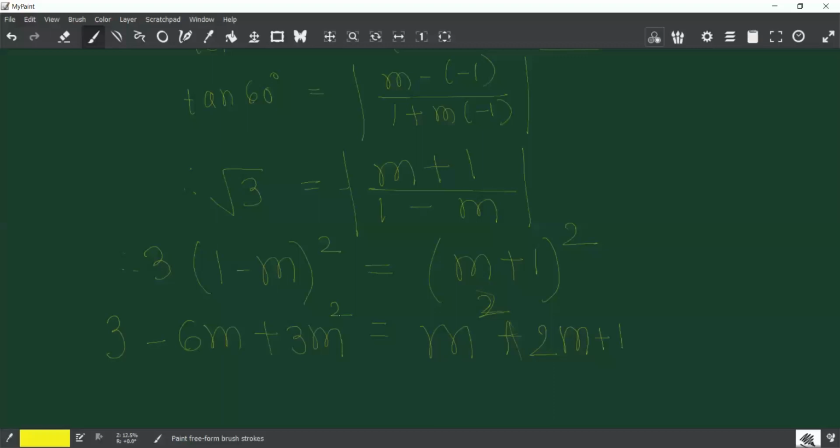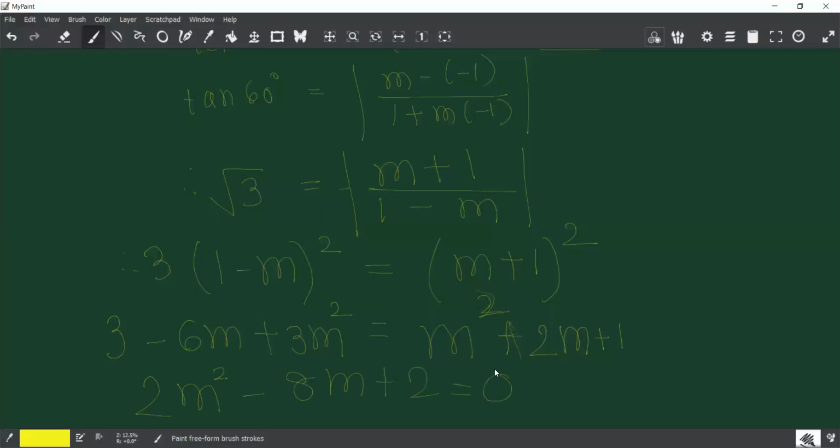Are you getting it? So you will have 2m square minus 8m.